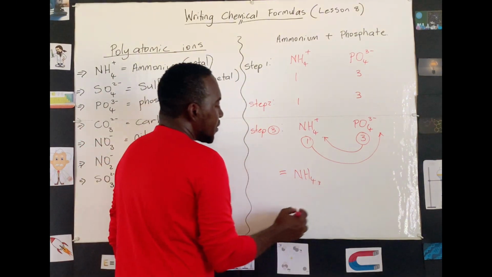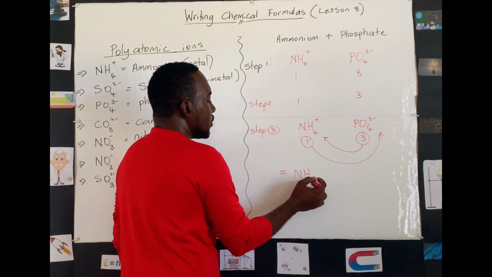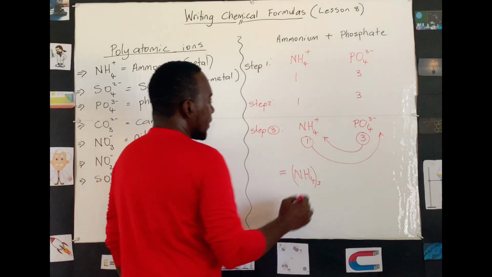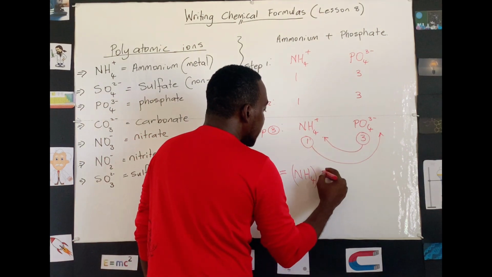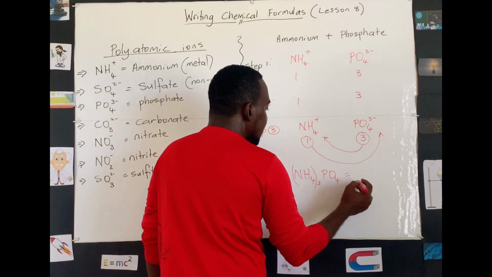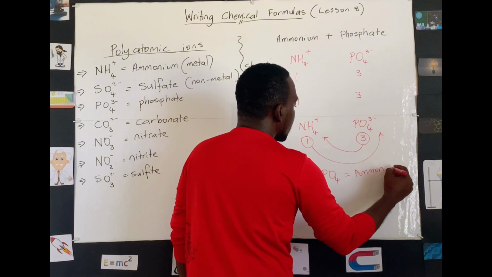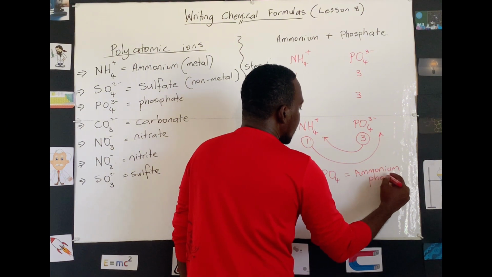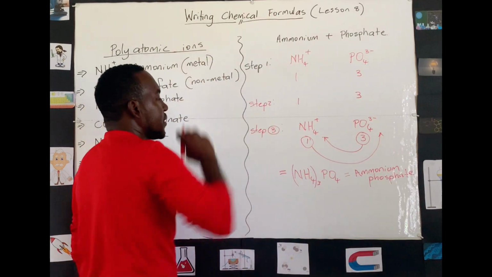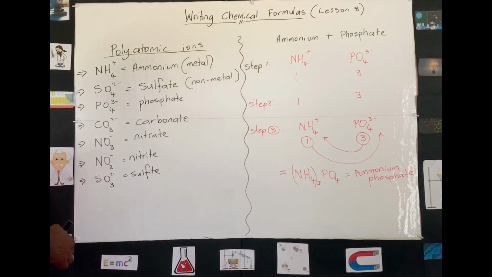You don't put the 3 here, because if you put the 3 here, it only goes for the H. So we want to show it goes for both. We put a bracket to show it's for both, and then it's 1 PO4, so it's just PO4. And this tells us that this formula is ammonium phosphate. Nothing needs to change. We just add both names together. Alright, so very simple way of doing it.